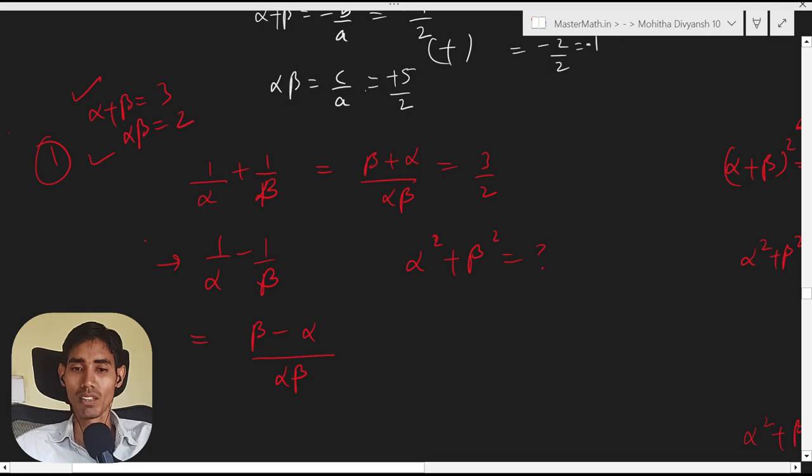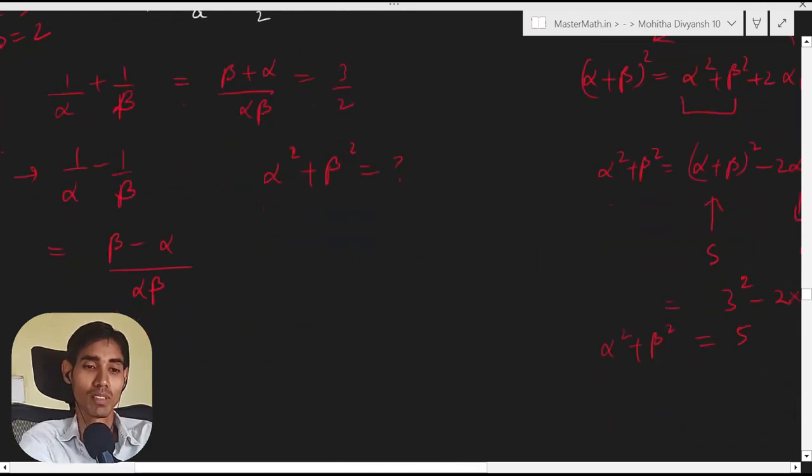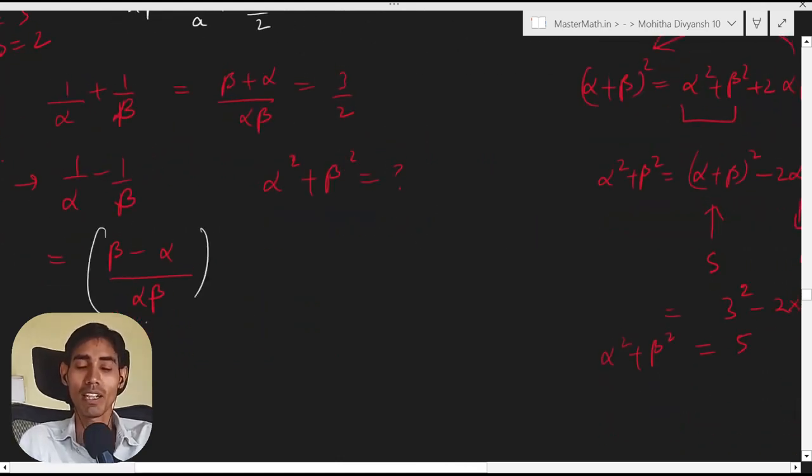You square it, and use the other identity. So we square this, and at the end we'll just take the square root of whatever answer we get.